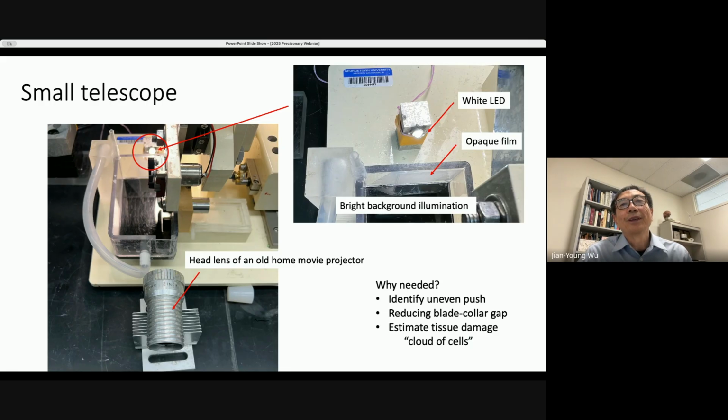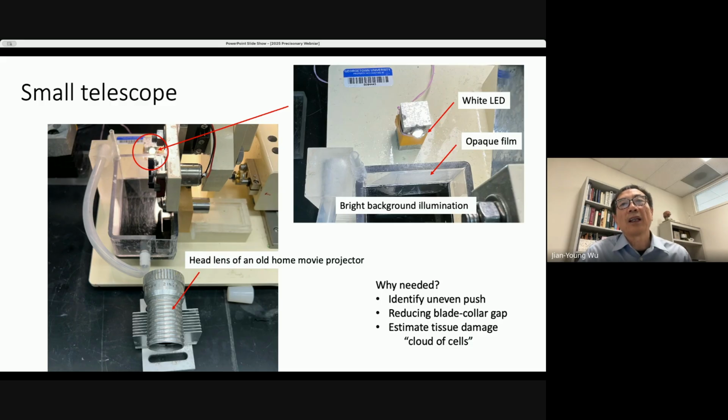But we still use that to see if there's an uneven push, which means the agar has prematurely gelled in the piston, so when you push, the angle of the tissue changes a little, and with the telescope you can clearly see that uneven push.